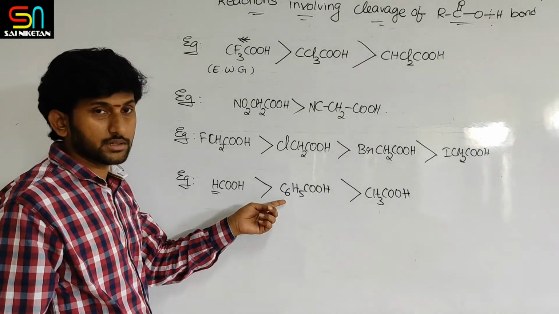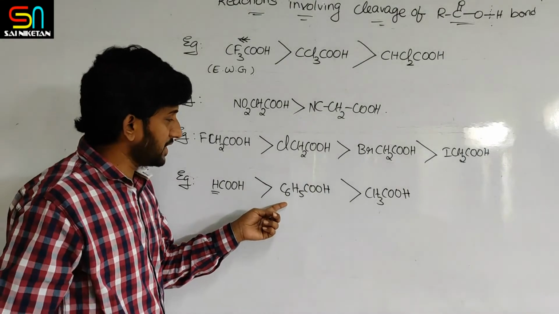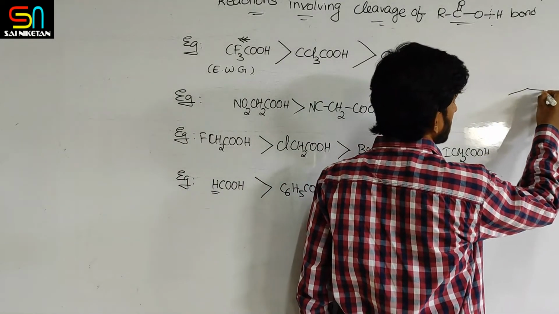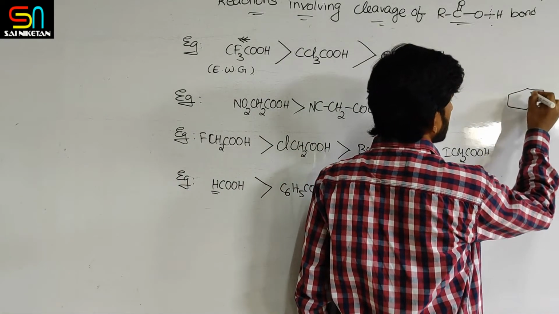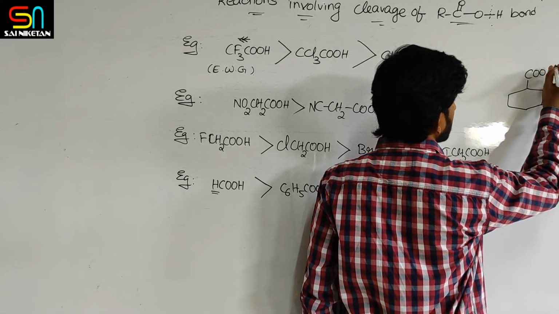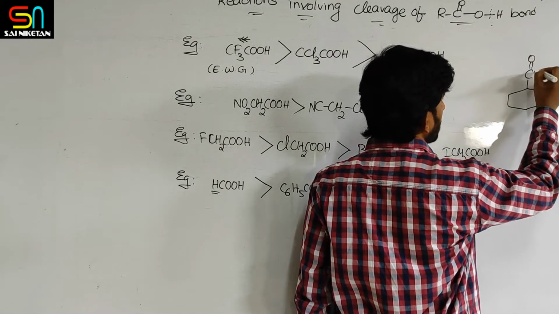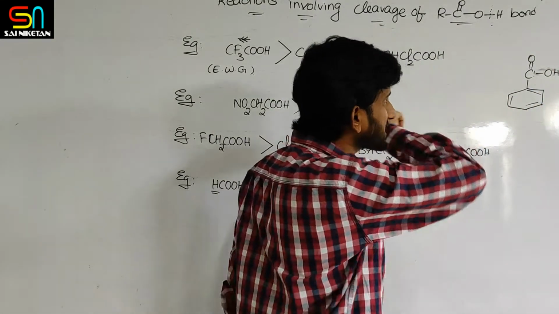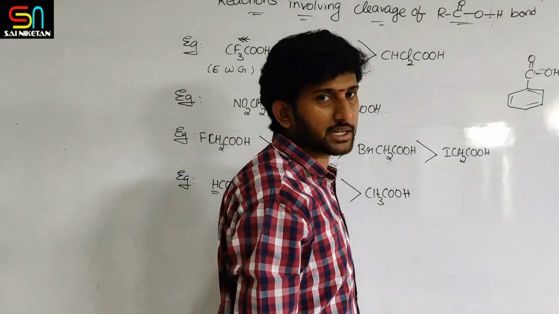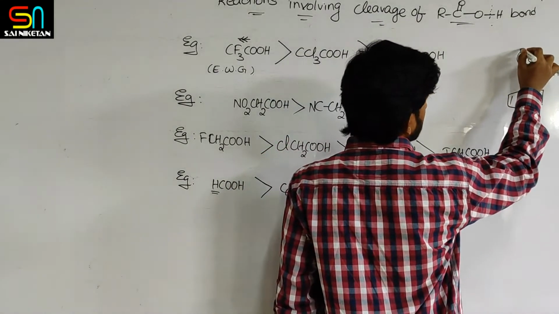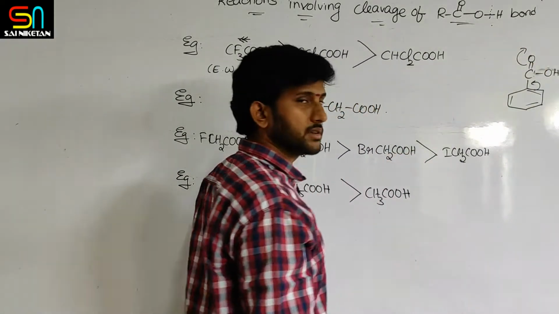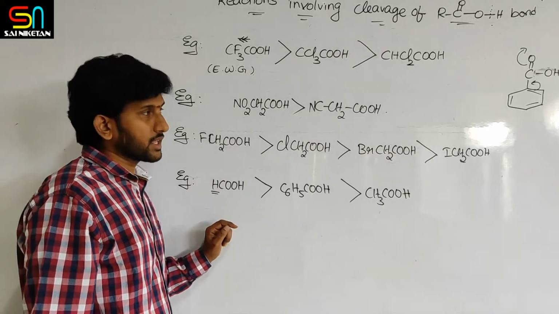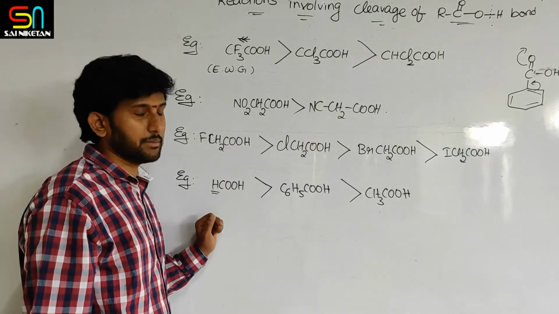Why? Because in benzoic acid what happens? The phenyl group with COOH, if you take it like this, the COOH group itself is a deactivating group, so there can be shifting of electrons like this. The phenyl group can show resonance, plus R effect or plus M effect.